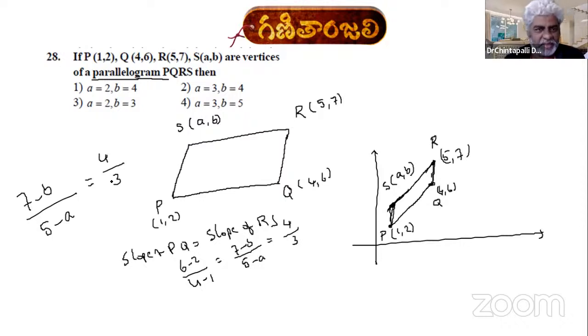Option 3. Apart from option 3, is there any option to satisfy the same equation? No, sir. Only one option satisfies this, right? So clearly, undoubtedly, option 3 is correct.